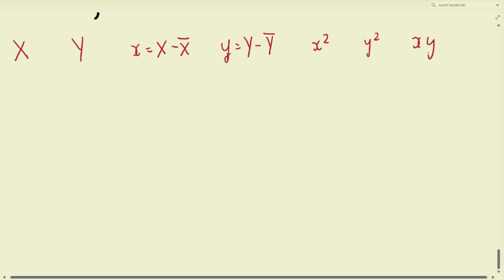For that I recommend you to make a table. First one is X, then Y, then small x is equal to X minus X bar, small y is equal to capital Y minus Y bar, then x square, y square, then xy.